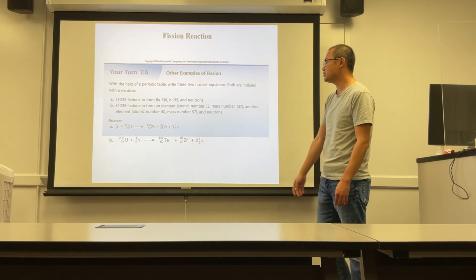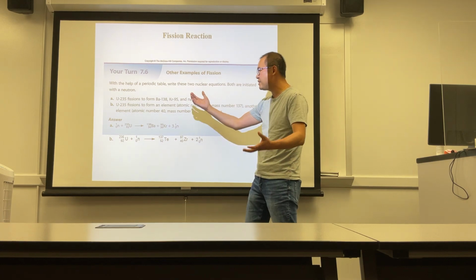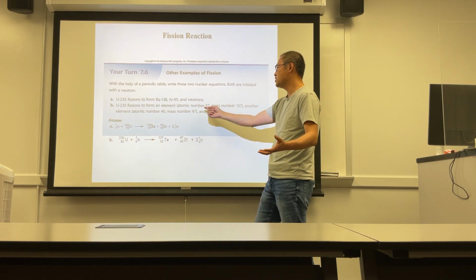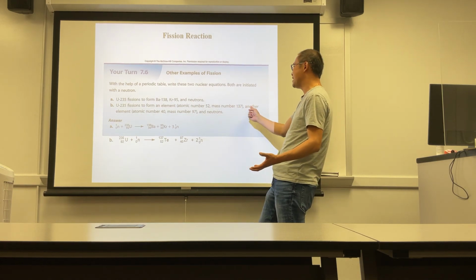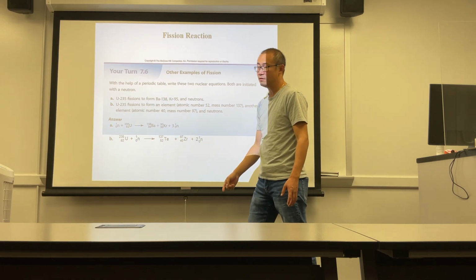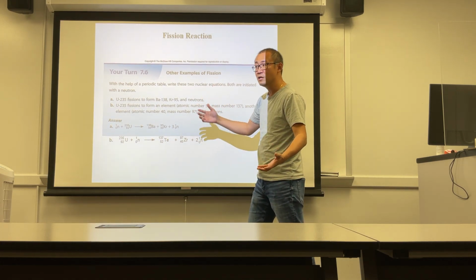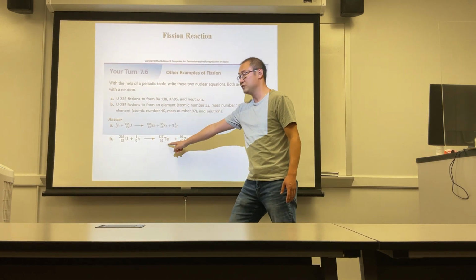Okay, second example. It tells you uranium-235 fissions to give you an element. It didn't even tell you what the element is. They just tell you the atomic number is 52, mass number is 137, and another one, atomic number is 40, mass number is 97. In this case, you need to use your periodic table to figure out what is atomic number 52? Tellurium.